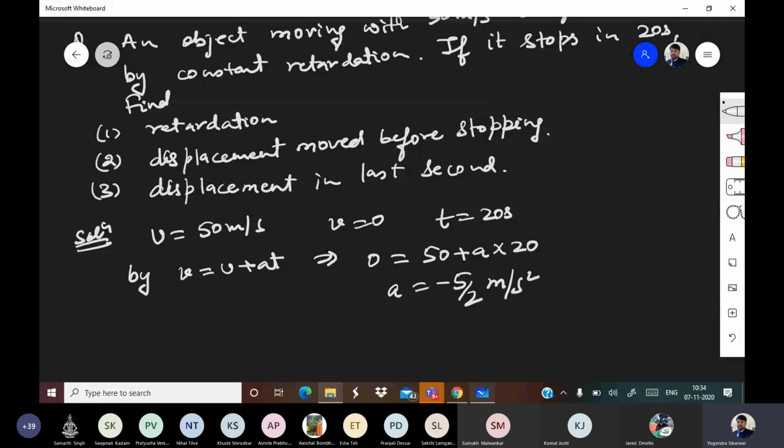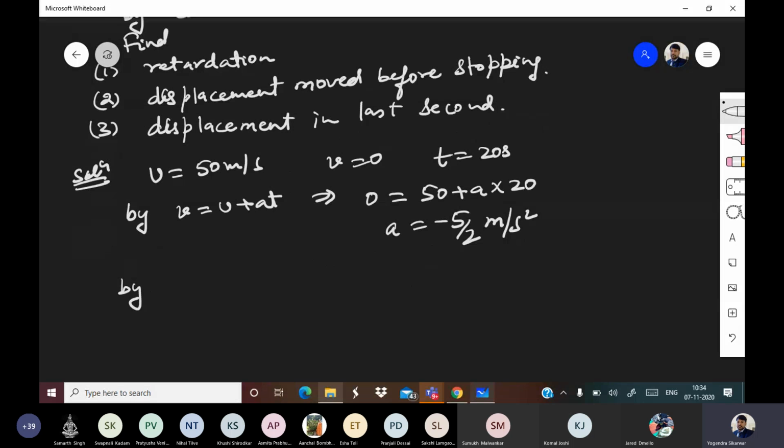Negative sign indicates retardation. All right. So we can use S is equal to ut plus half at square, and we can also use v square is equal to u square plus 2as. So by v square is equal to u square plus 2as, v is 0, so 0 square is equal to u, 50 square, plus 2a.